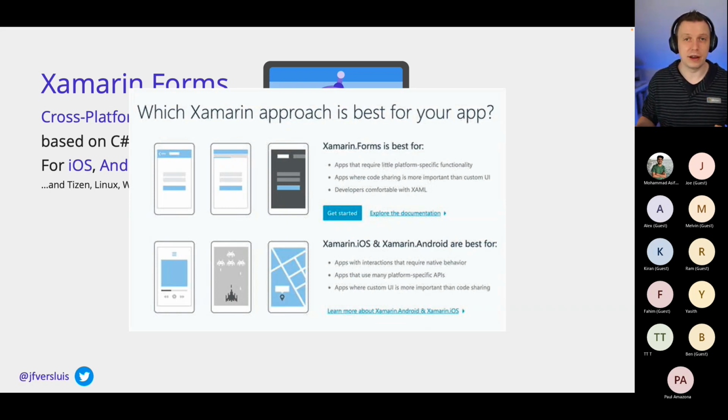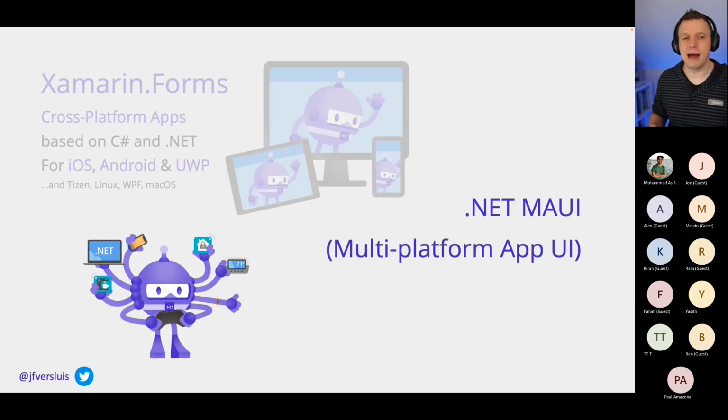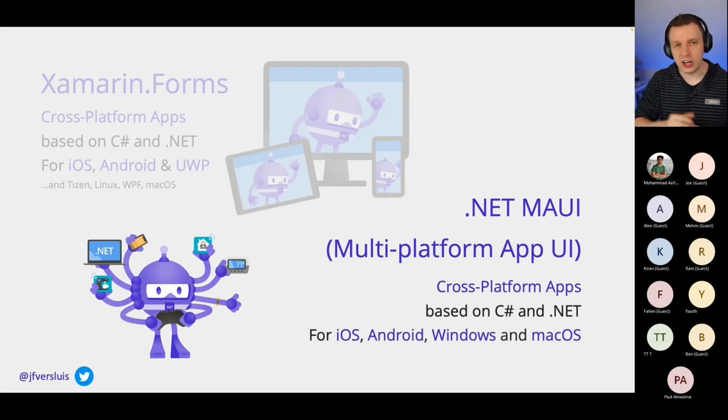And together with that, we are moving inside of the .NET framework, which is really exciting. And now we have .NET MAUI, which stands for Multi-Platform App UI. Now the P, we've made that convenient, a little p, because .NET MAUI just doesn't sound the same. So .NET MAUI it is. And with that, we have changed the message a little bit to cross-platform apps based on C# and .NET.